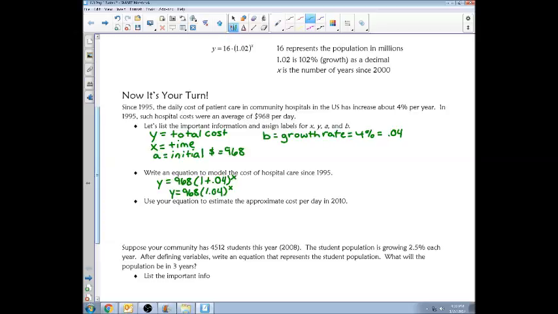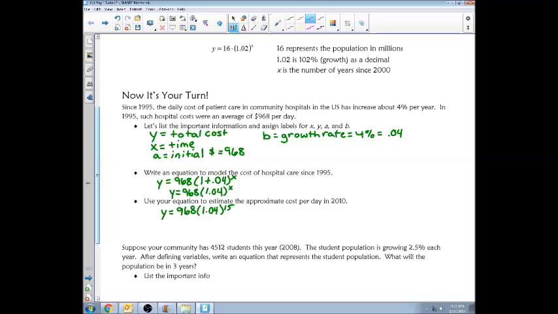So now it says to use the equation that we wrote, which is that second one we just wrote, to estimate the approximate cost per day in 2010. So what I'm going to do is take y is equal to 968 times 1.04 raised to the number of years. Well, from 1995 to 2010, that would be 15 years. Okay? So now that I have that written out, what I need to do is take my 968, times the 1.04 and raise the 1.04 to the 15th power.